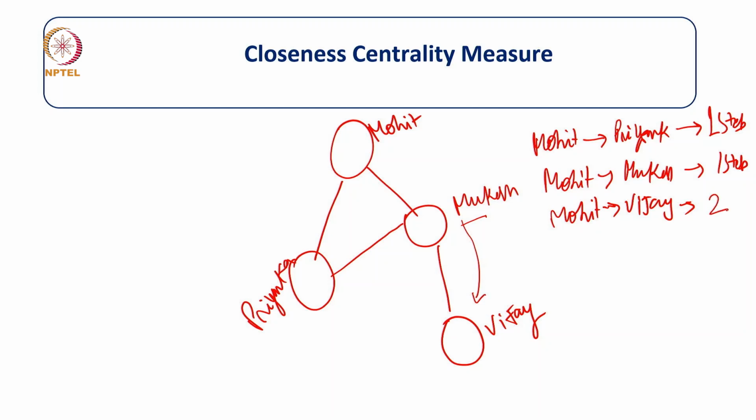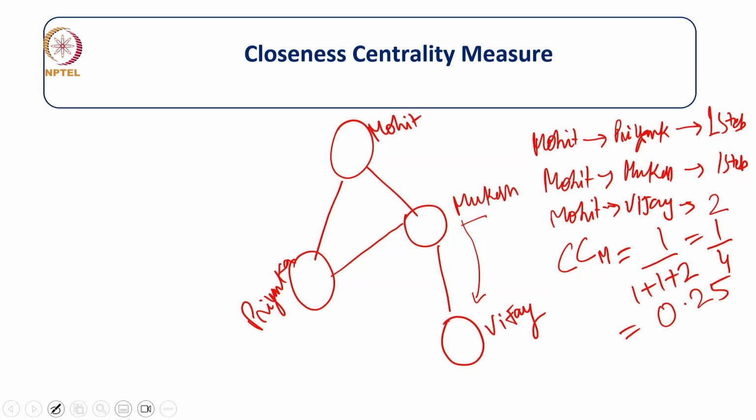So the closeness centrality measure of Mohit will be 1 upon 1 plus 1 plus 2, that is 1 by 4, so it will be equal to 0.25.